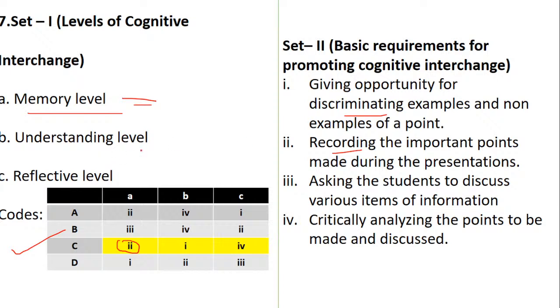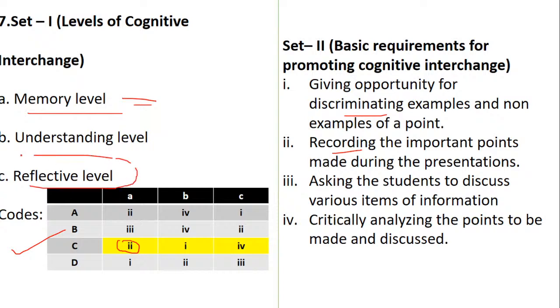Then understanding level, where the students are made to think thoughtfully. Are the students asked to discuss various items of information? No, this is not that. Critically analyzing, no. But giving an opportunity to discriminate means to understand the examples and non-examples of a point. Yes, so your second option will be option number 1.